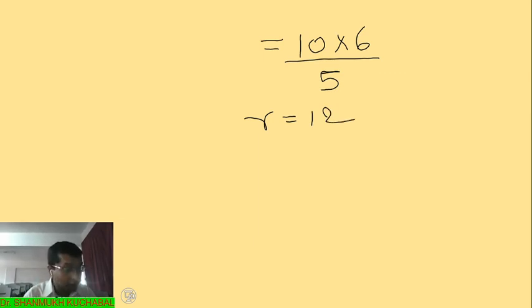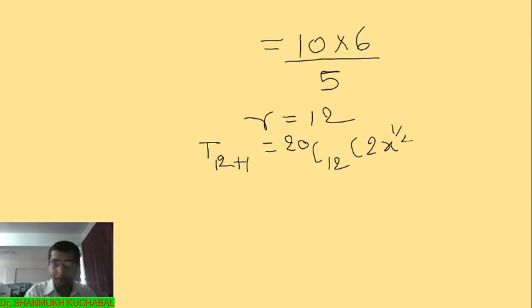Now in the general formula we have to substitute T r plus 1. So 12 plus 1 equal to nCr x raised to n minus r and y raised to r.